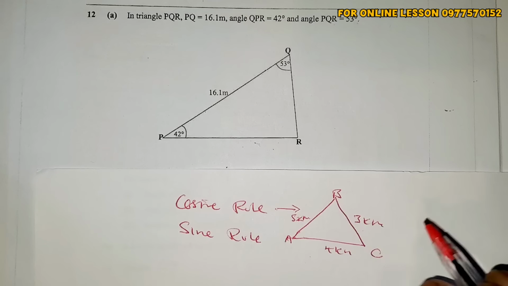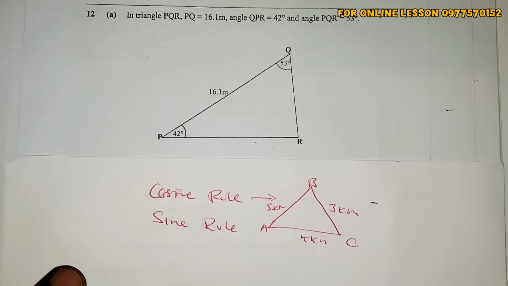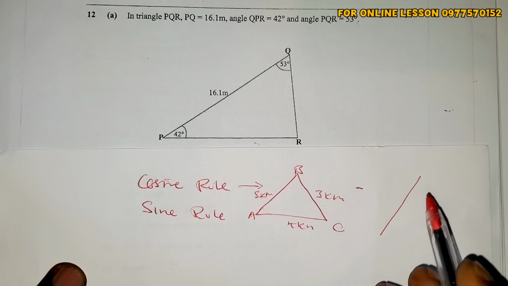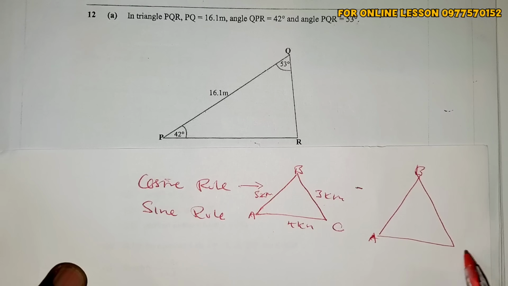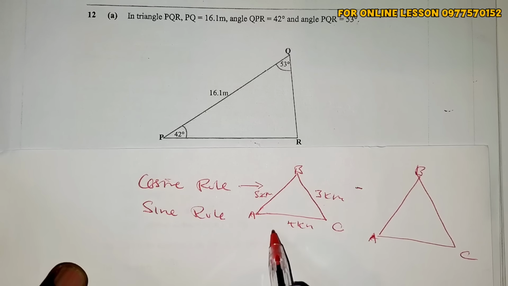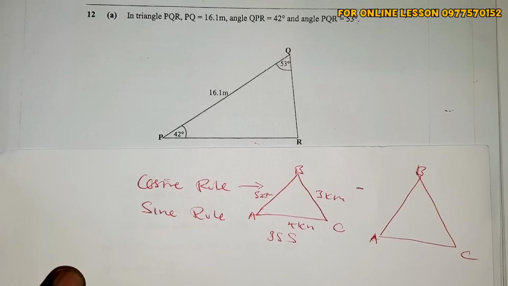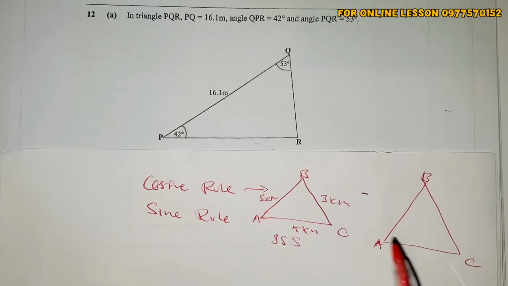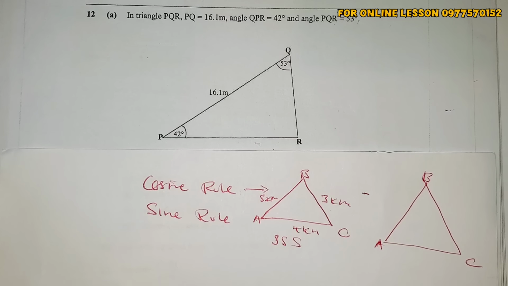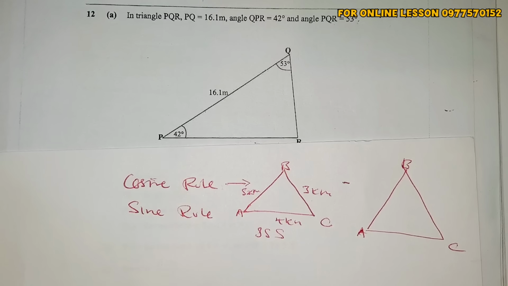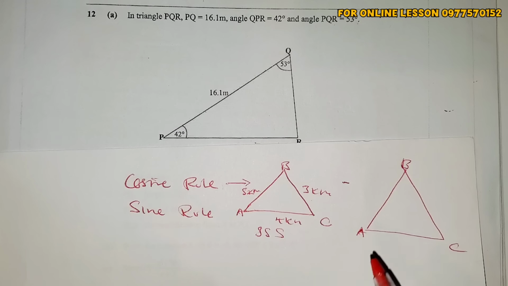Now, what is the second condition for using cosine rule? The second condition is also very simple. We can use the cosine rule when we are given two sides and an angle.